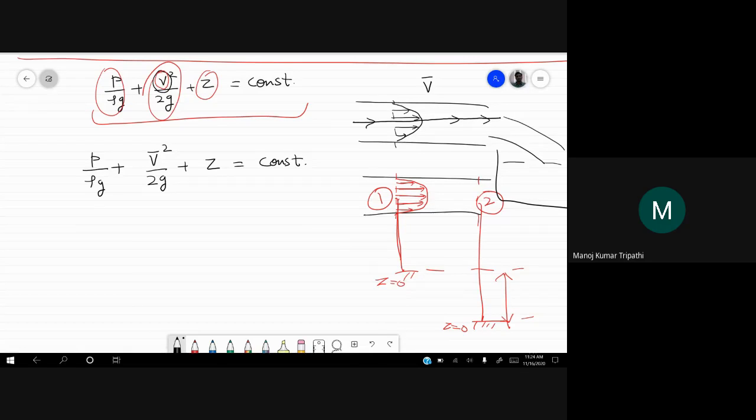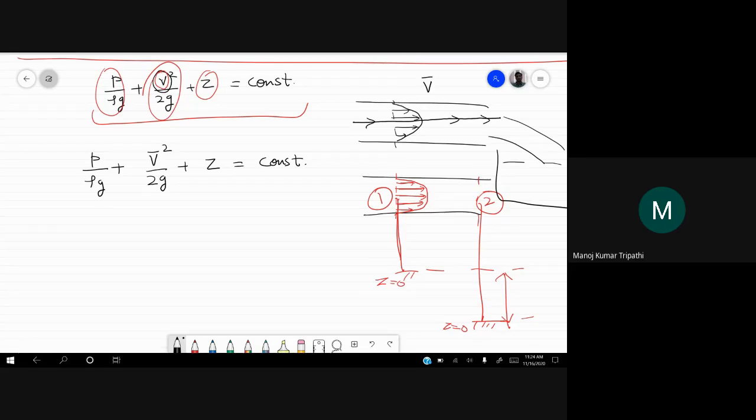Because this equation was valid only for a particular streamline, not for the entire cross section. We cannot just equate V and V bar. V is changing throughout the cross section. So how do we handle this?